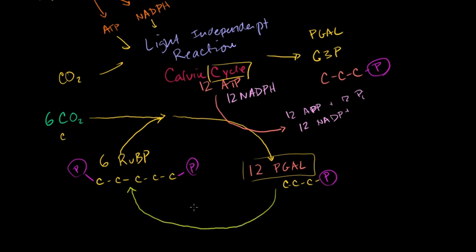We're going to have 10 pGals, 10 phosphoglyceraldehydes, that we're going to use to recreate the ribulose biphosphate. And the counting works because we have 10 3-carbon molecules, that's 30 carbons. Then we have 6 5-carbon molecules, 30 carbons.